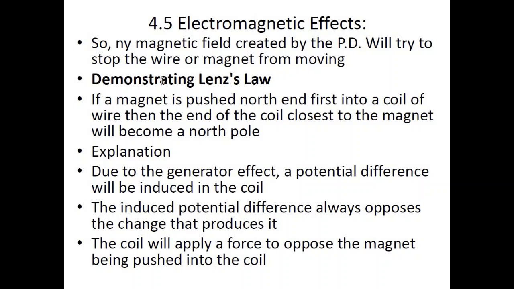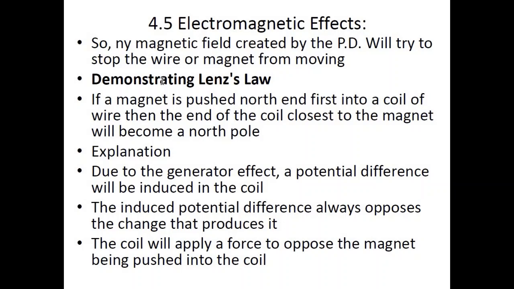Now, how can you demonstrate Lenz's law? If a magnet is pushed north pole first into a coil of wire, then that end of the coil would also become a north pole. Explanation: due to the generator effect, meaning that you are moving a magnet inside a coil and the field lines are being cut, an induced current is produced.